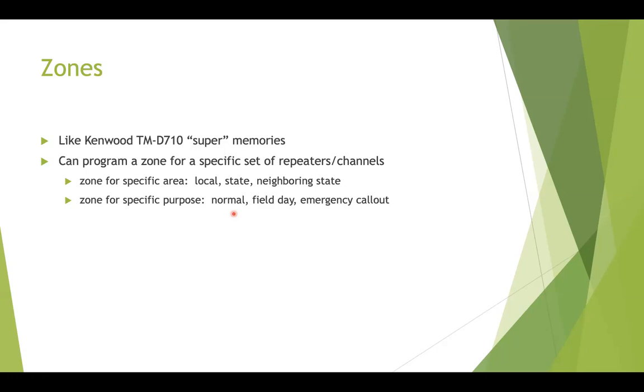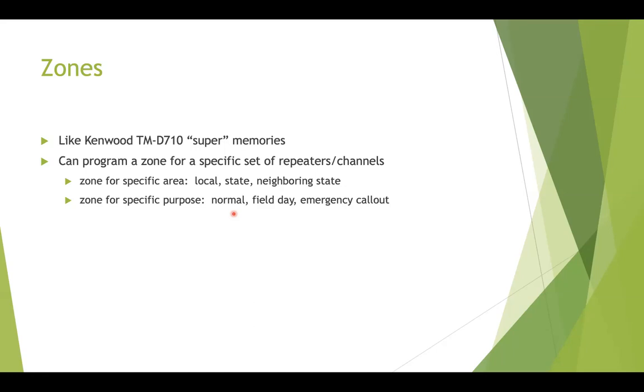One of the cool things about DMR is it's also compatible with analog radios. As an example, I use the zone feature to group my analog channels. In my case, I have a zone called Intermountain Intertie.